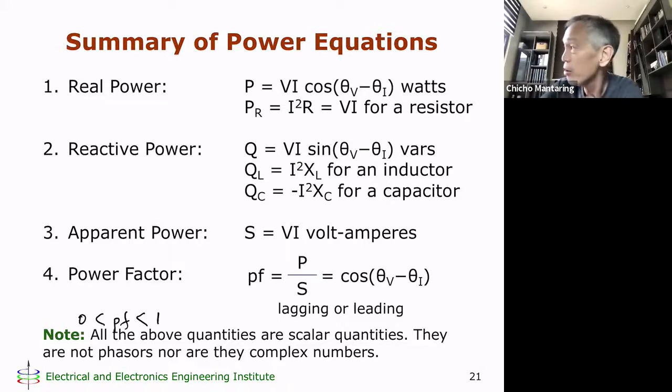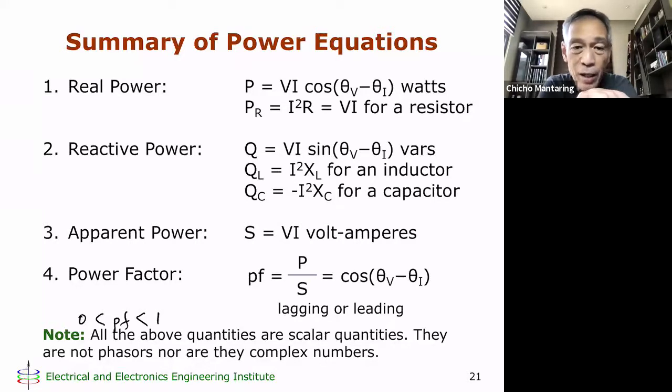If you recall yung angle between your voltage and current, no, it will always be an angle between 0 and 90 degrees. No? Because if your circuit is purely inductive, it will be 90 degrees. If it is an inductive circuit, that is a resistance plus inductance, it's going to be between 0 and 90 degrees.